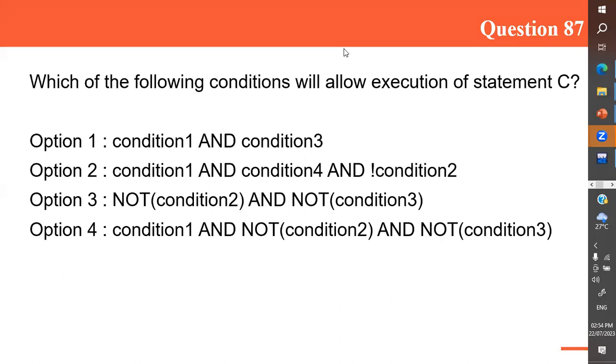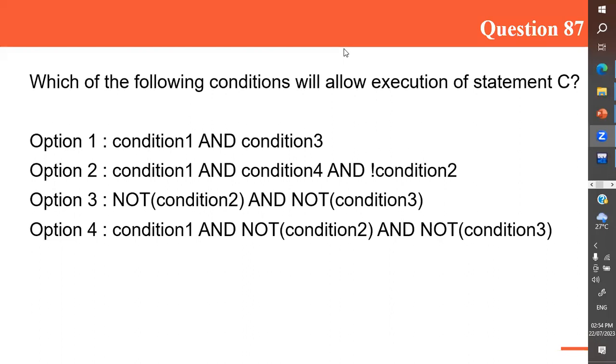I need all the responses. Okay, majority is with 4, I think.